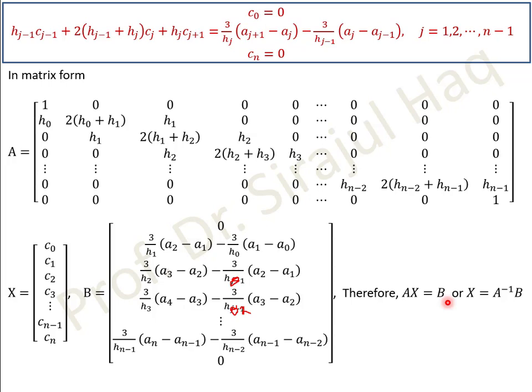And I told you in the last lecture that cubic splines have been defined in such a way that they must have a unique solution for these unknowns. So A inverse is possible, that is, A will be a non-singular matrix. You can find it and then multiply by b, and you will find x. So what is x? x is the column matrix of the ci's. Once the values of the ci's are known, you can find the values of the bi's and di's, and that will complete your system.